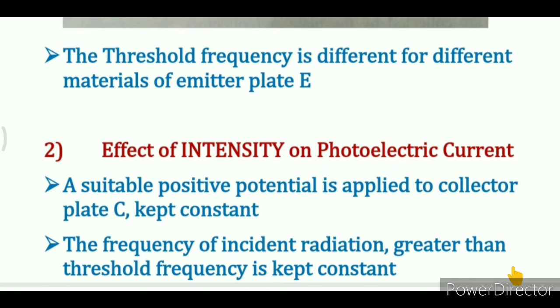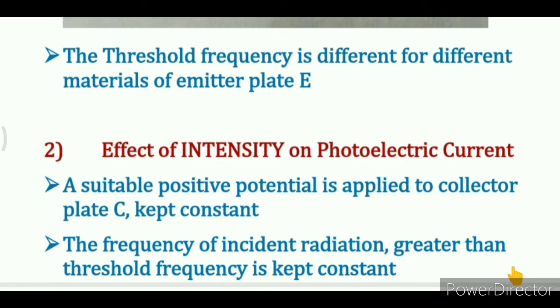We have to keep the frequency of incident radiation greater than the threshold frequency of that material, and that value of frequency is kept constant. In simple words, the frequency of incident radiation must be kept constant, and it should be greater than the threshold frequency, so that the photoelectric effect will be observed.